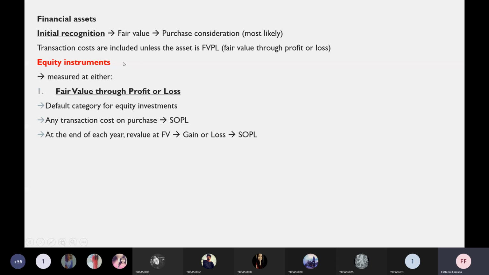So here transaction costs are included unless the asset is FVPL. When will this transaction cost be included? When it is FVPL or FVOCI?